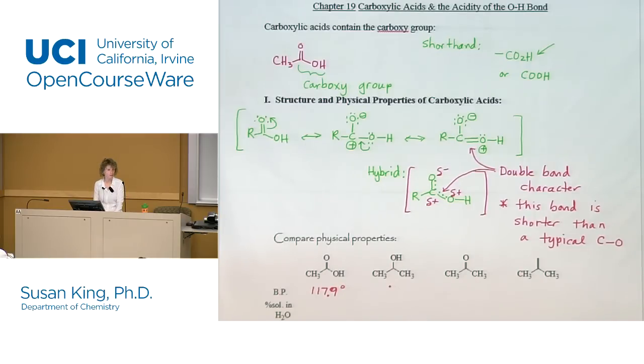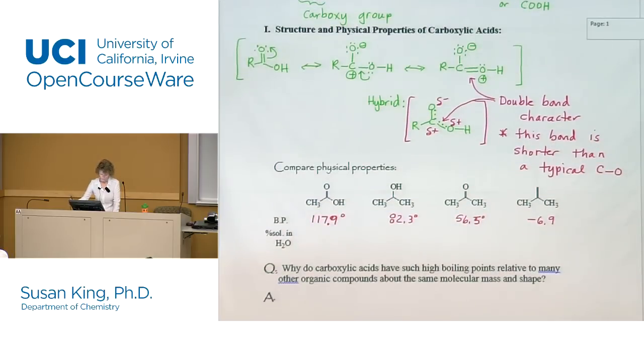You do not need to memorize these numbers, but I do want you to know the trends here. 82.3 degrees for an alcohol. 56.5 degrees for the ketone, and minus 6.9 for the alkene. Percent solubility in water: infinite for the first three compounds, and 0% solubility for the alkene.